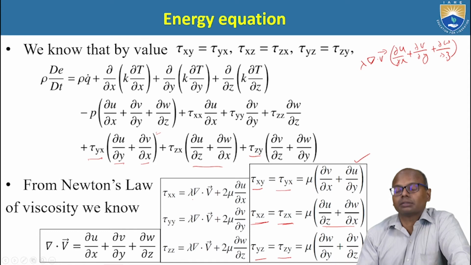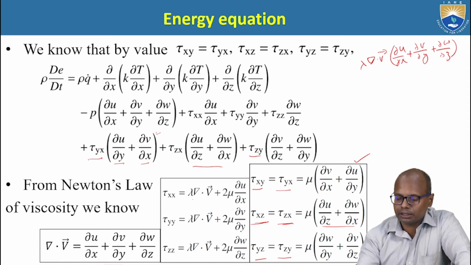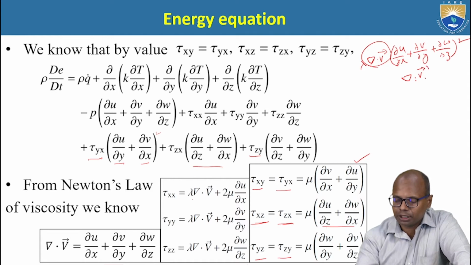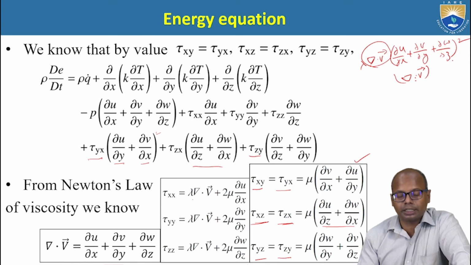Now what is this? This is again equal to del dot v bar. So I can substitute this del dot v bar and I can put a square here. Either I can put a del dot v bar square, or I can write dou u by dou x plus dou v by dou y plus dou w by dou z, whole square. Like this I can write.